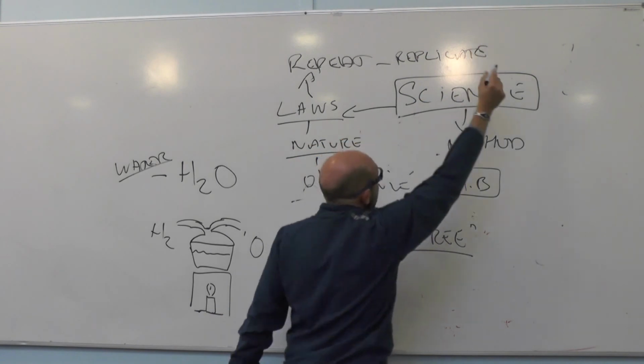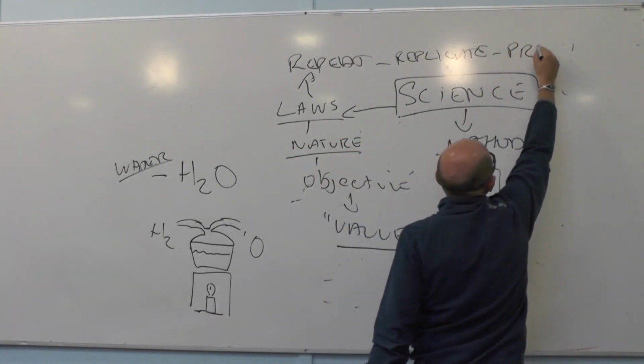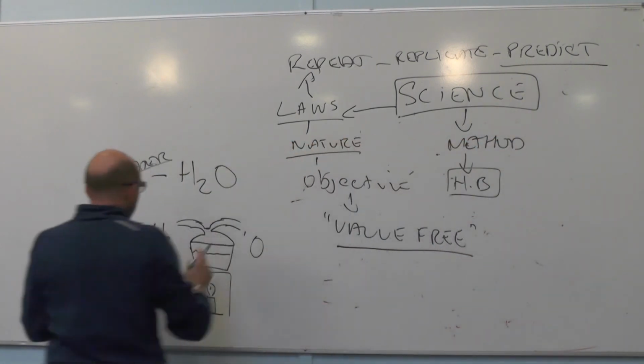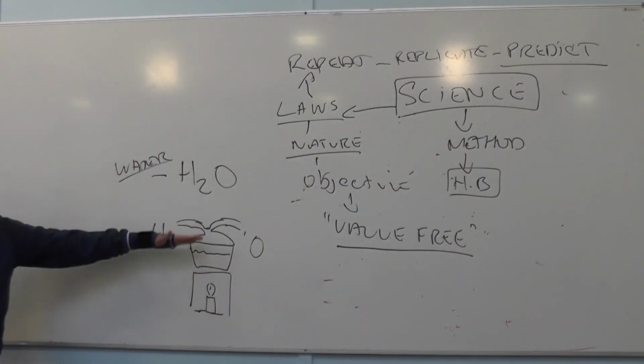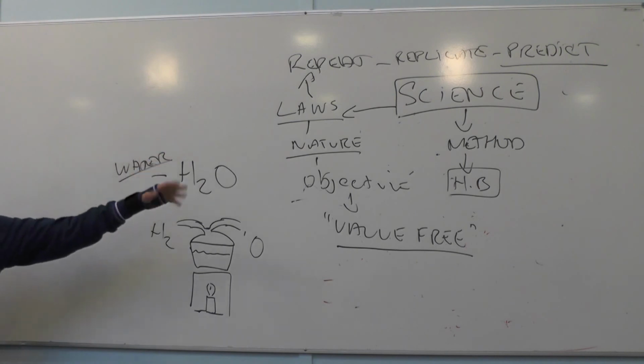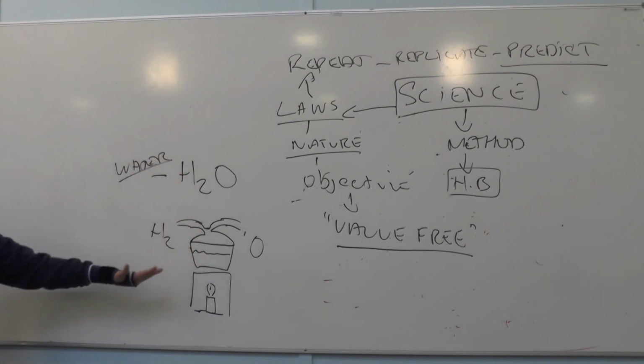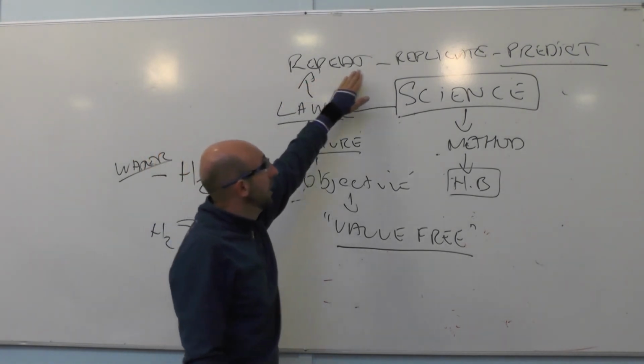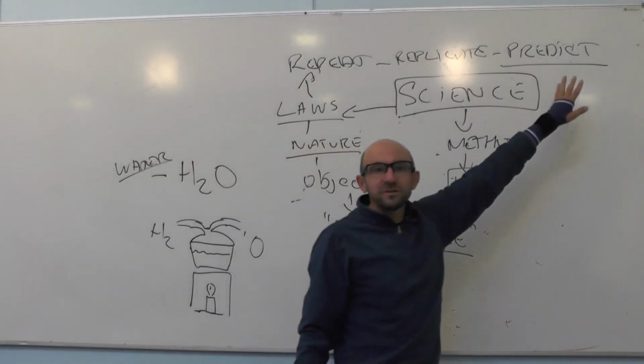And it follows from that, importantly, that we're able to predict. This is a prediction then. If you get water, boil it, eventually you'll be able to separate the elements of H2O. So this will happen every single time. We're able to repeat the experiment, we're able to replicate it, and we're able to make predictions.